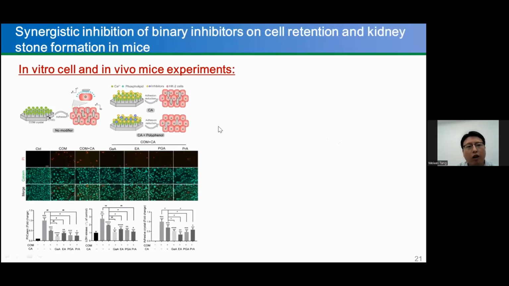Then we further investigate the inhibition efficacy of these binary inhibitors on cell adhesion and kidney stone formation in mouse.